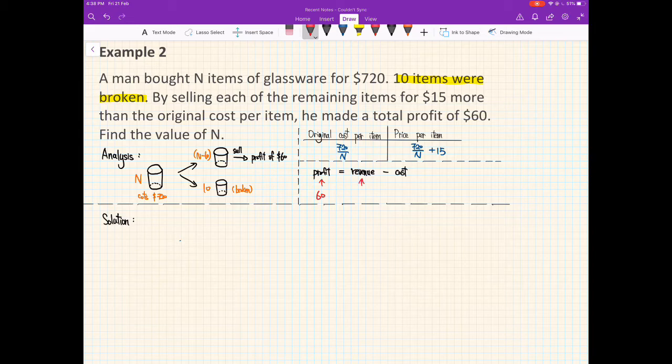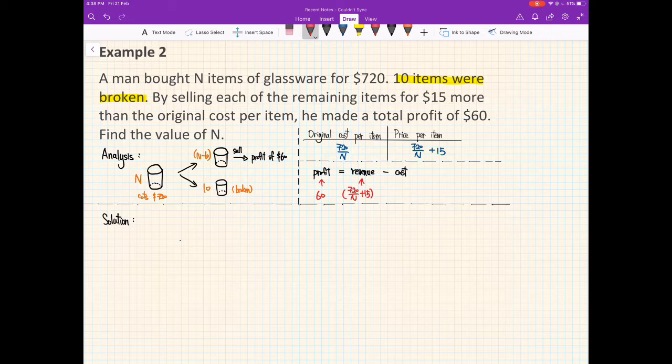Then what is the revenue? Revenue equals price per item times the number of items. Price per item is 720 over n plus 15 times the number of items.